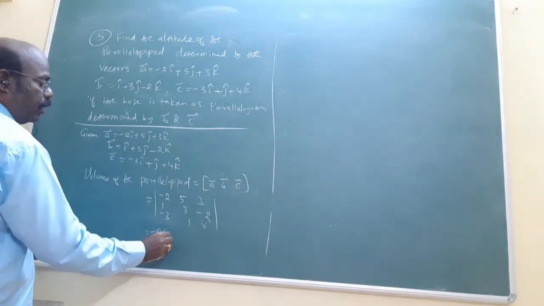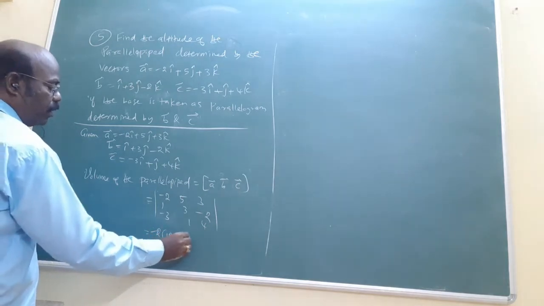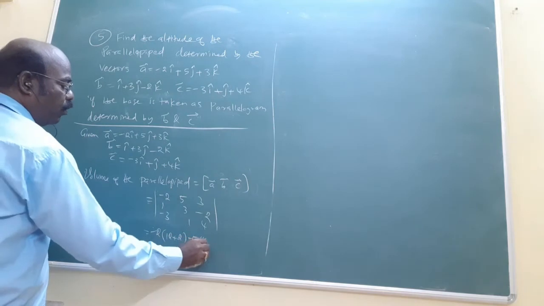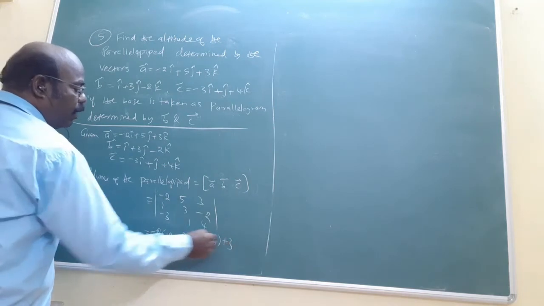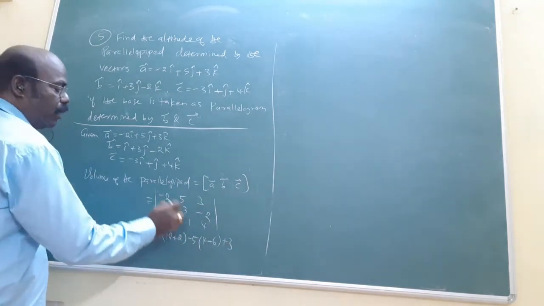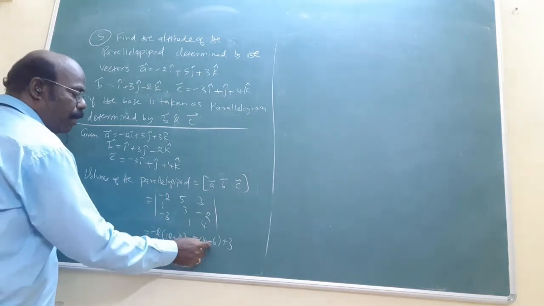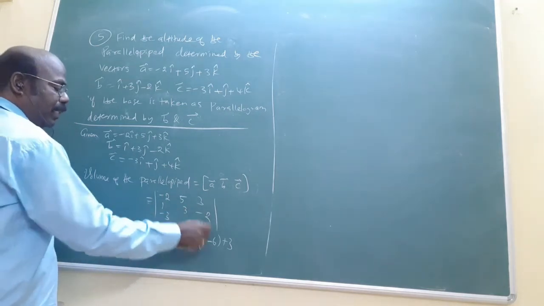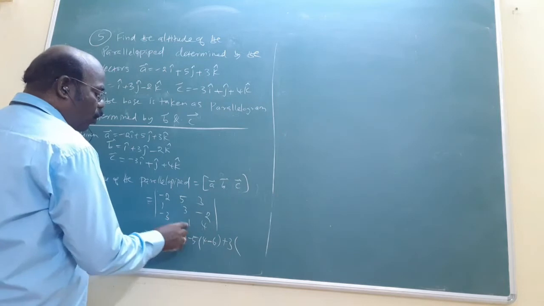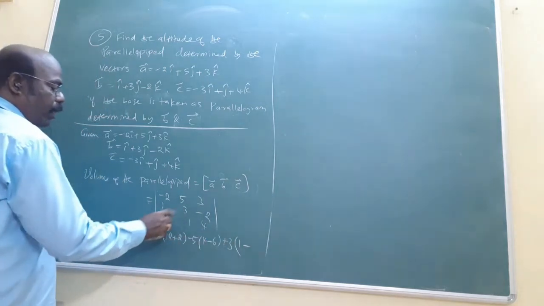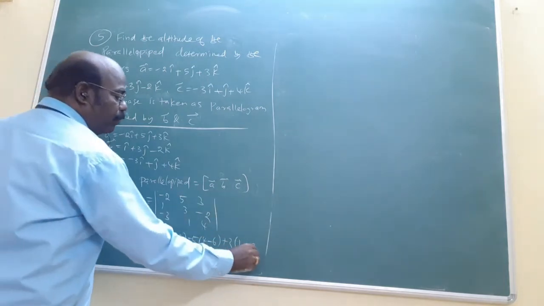Minus 2 into 12 plus 2. Minus 5 into 4 minus 6. Am I correct? Minus 5, cancel the row and column, formula having minus 10 plus 6, plus 3 into 1 minus multiply, minus sign, plus sign will come.